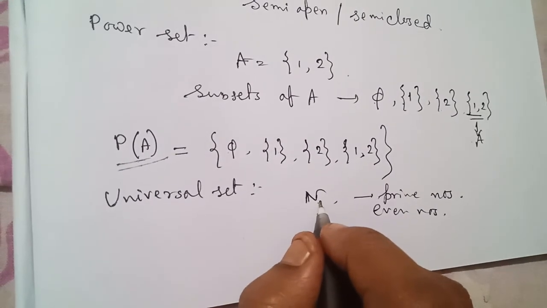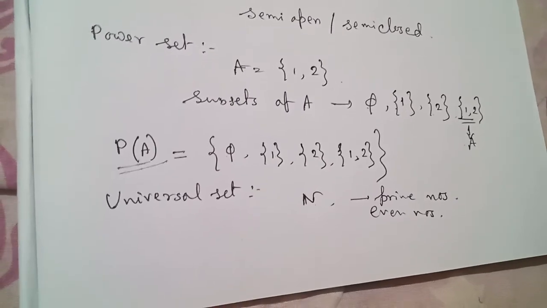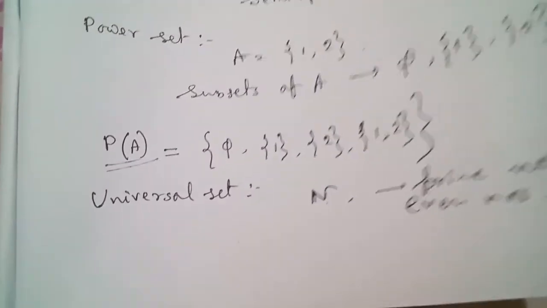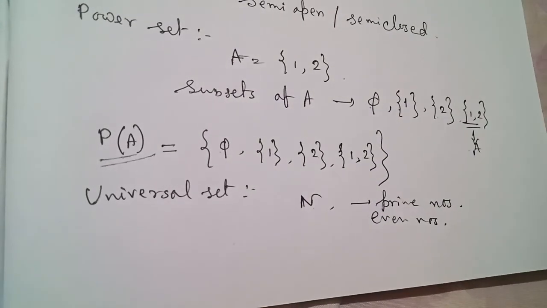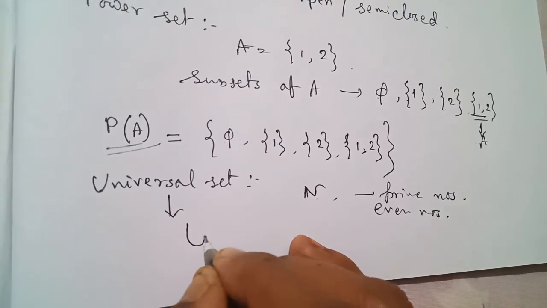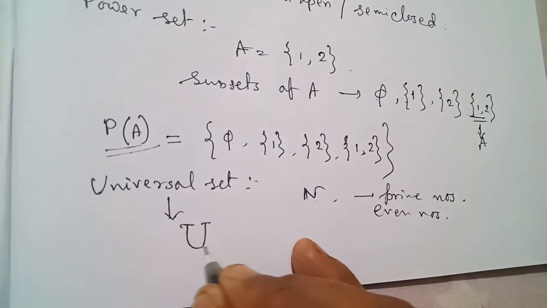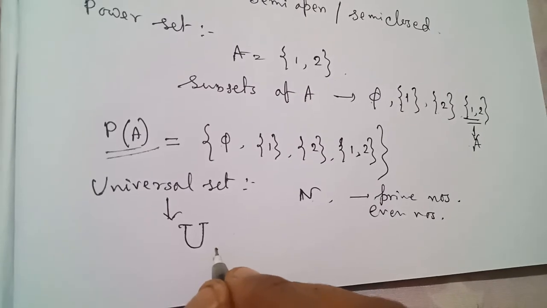So the natural number set is the universal set. In other words, in short, the basic set will always be the universal set. Okay, and the universal set's symbol is capital U. It's not the union sign, it's capital U, the alphabet U.